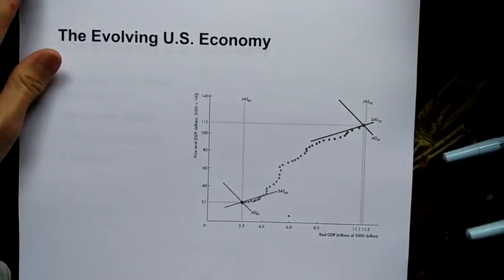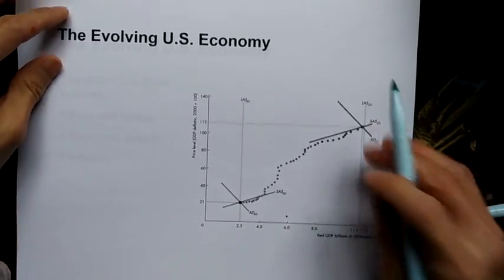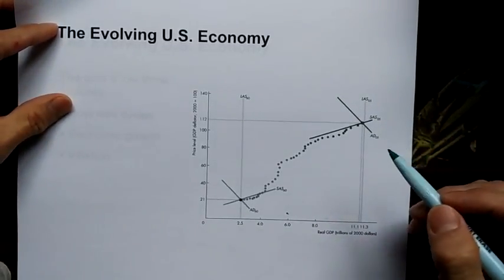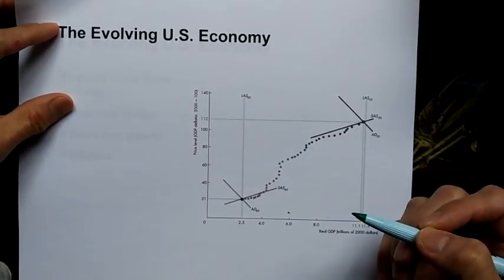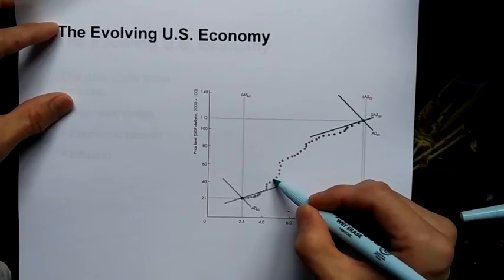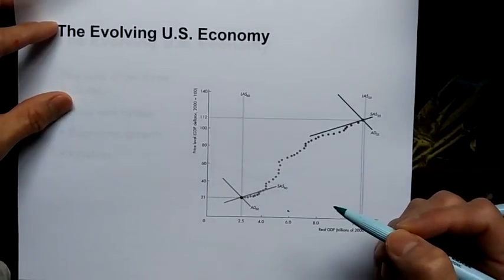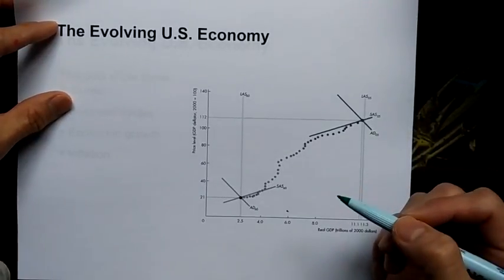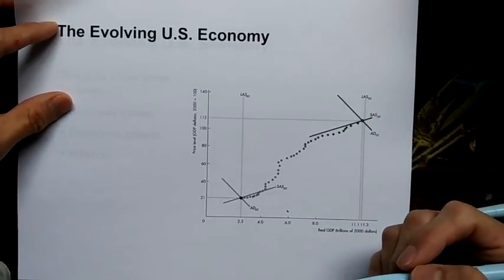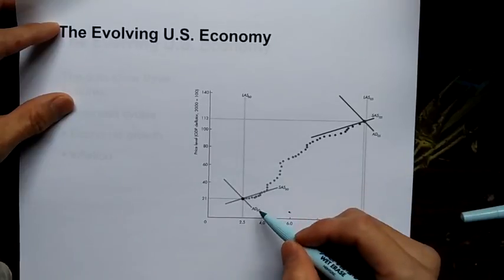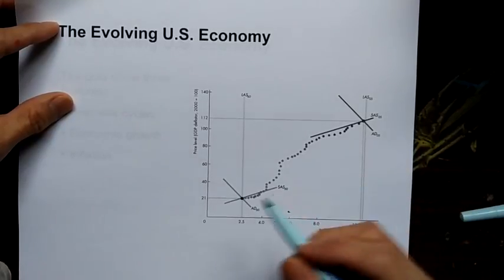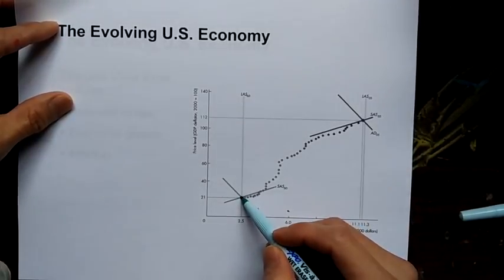All right, let me show you a pretty cool graph. Each dot is a short-run equilibrium of the United States in one year. Say, for example, in 1960, we are producing right here.